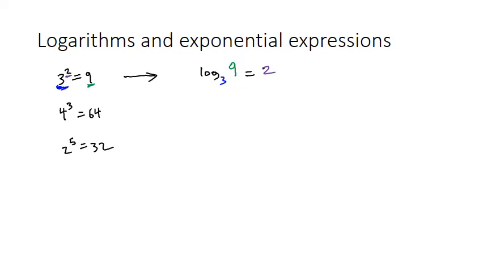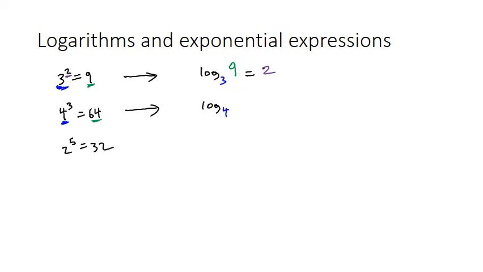So let's say that we were to try to rewrite the second one using logs. Our base is 4, so it's log base 4. Our argument would be the answer for our exponential expression, which in this case is 64.